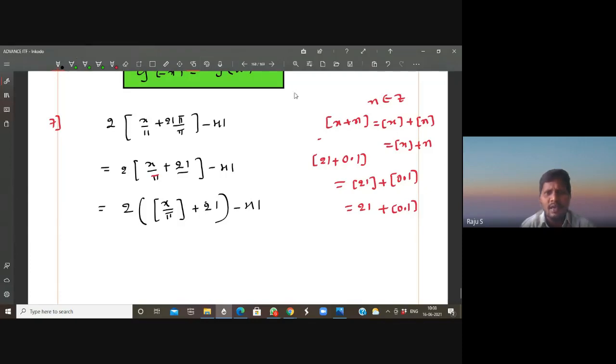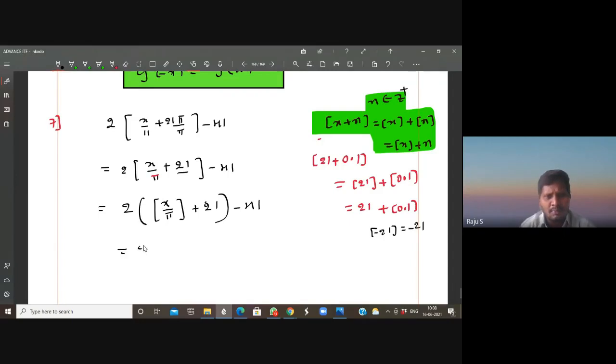Since I applied this property, if n is any integer, we can write like this. It should be a positive integer actually. See, 21 plus 21 is there, not minus 21. Even if it is plus 21 or minus 21, we'll get the same output.